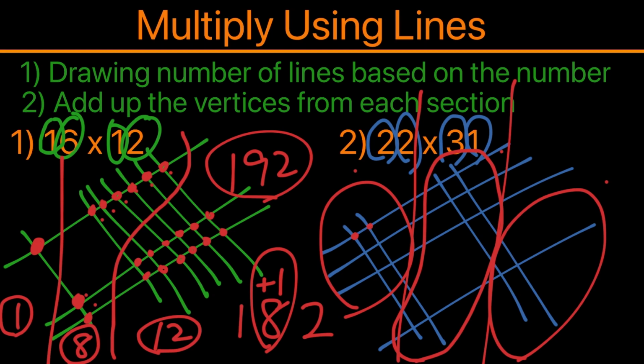So 1 here, 2, 3, 4, 5, 6. So first section, 6. Second section, we have 1, 2, 3, 4, 5, 6, 7, 8. So we have 8. Last, 2. This one's easy because there are no double digits. The answer is simply 682.